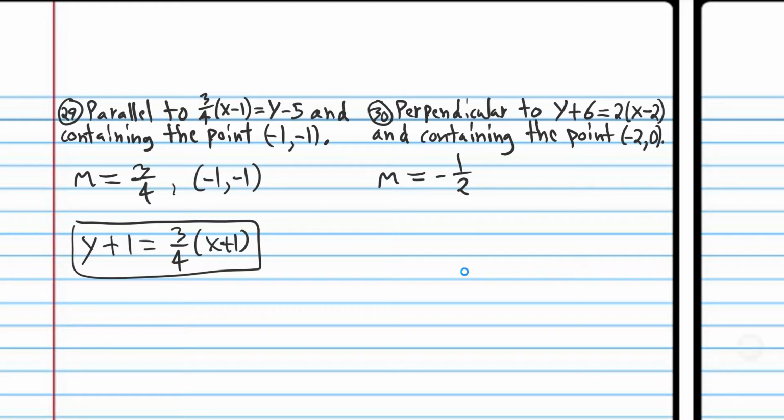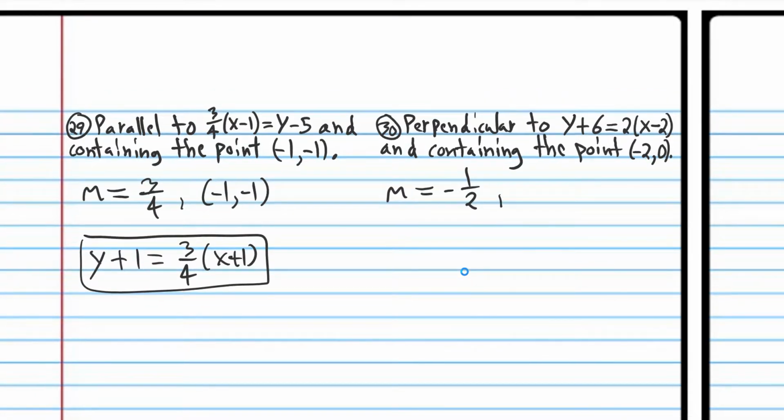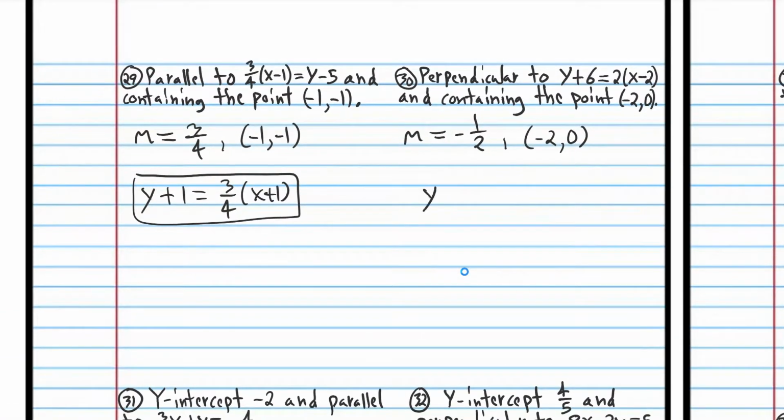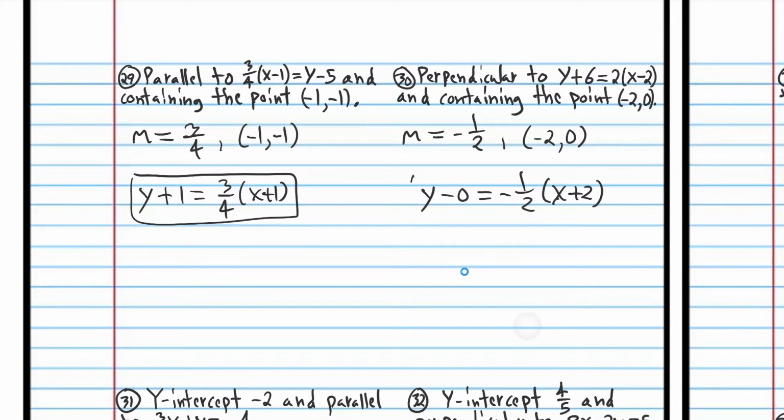So again, remember, if it's a whole number, it's always considered to be over 1. And of course, we have the point (-2, 0). And we just write the point-slope form of the line. So we got that answer. Good job.